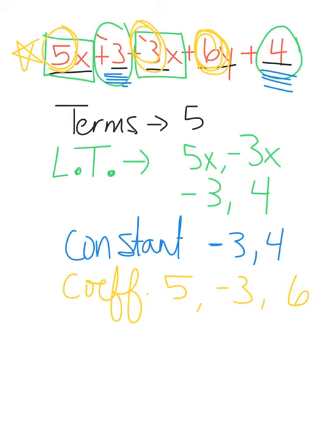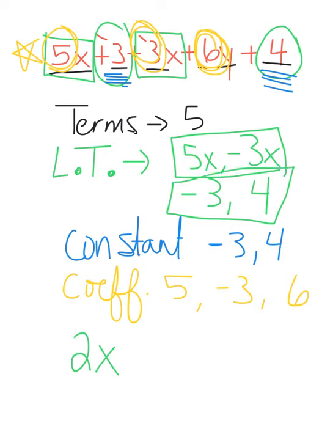And last but not least, we know that when we are completely simplified, we have no parentheses, which we don't, but we also are completely simplified when everything is combined that can be combined. So we're going to look at those like terms. We know we can combine our 5x and negative 3x here, and that is going to be a positive 2x. We also know we can combine our negative 3 and our positive 4, which is a positive 1.